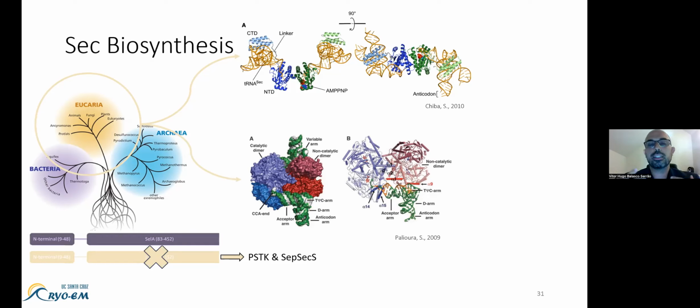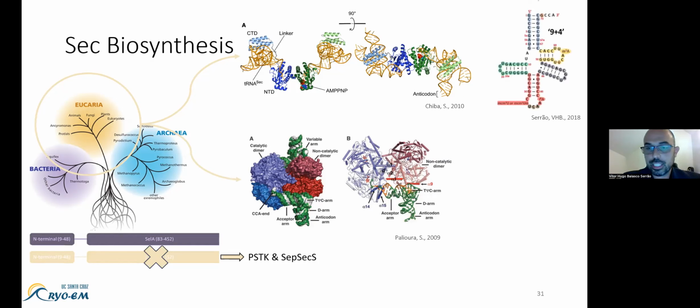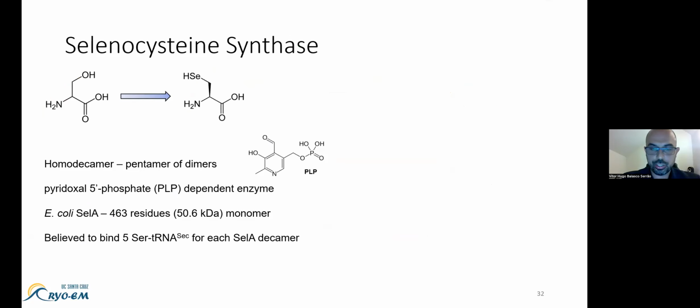This is way less efficient, because now you don't have a single structure that does the entire conversion, but you split it up into two different enzymes. However, if we look at the tRNA and the mRNA, both structures remain intact. So there's something in terms of evolution that changes from bacteria to archaea to eukarya.